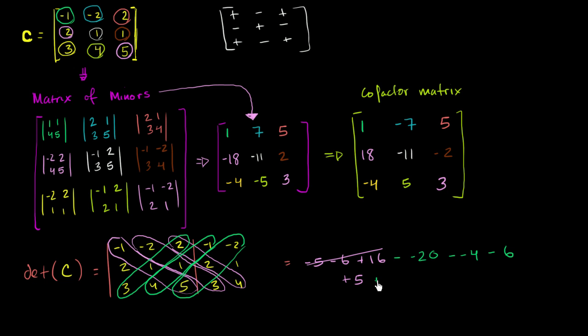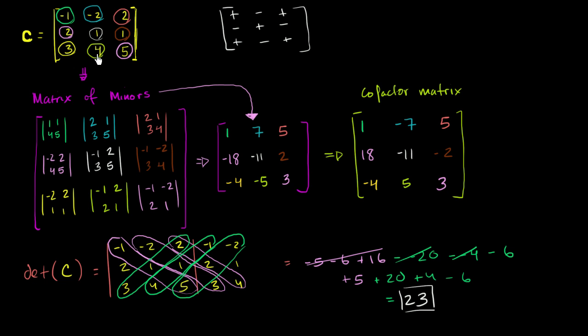So we have plus 20 plus 4 minus 6. So what does this get us? 5 plus 20 is 25. Plus 4 is 29. Minus 6, 29 minus 6 gets us to 23. So our determinant right over here is equal to 23.